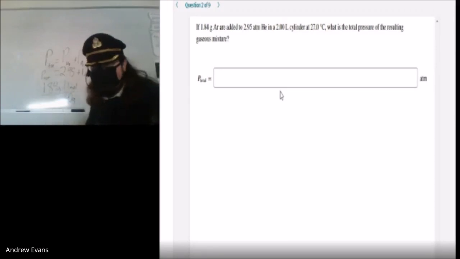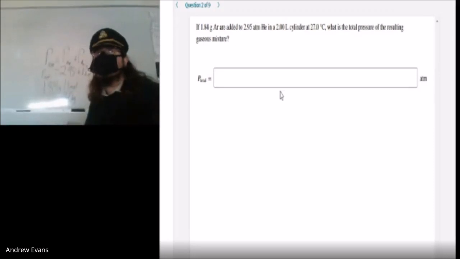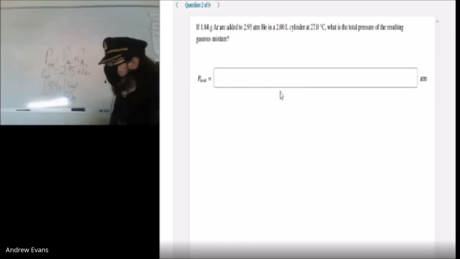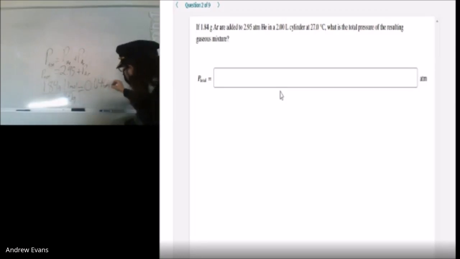It might be 39.9, but we're going to go with 40. So the first thing I'm doing is calculating my moles of argon. 1.84 divided by 40 will give us 0.046 moles.